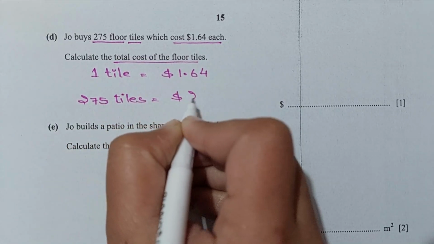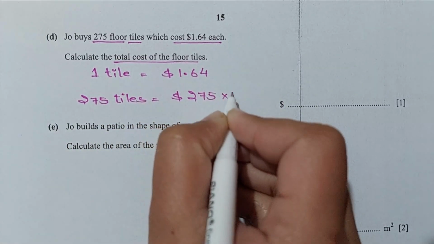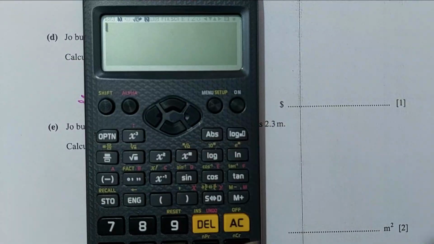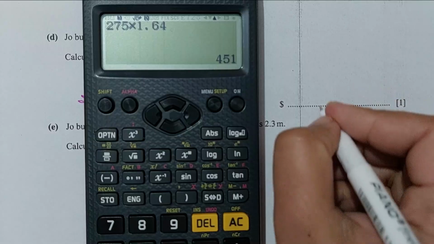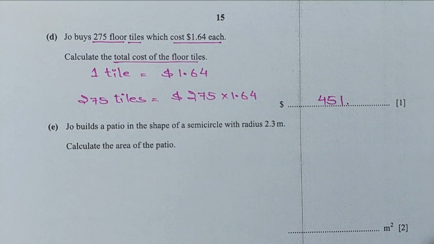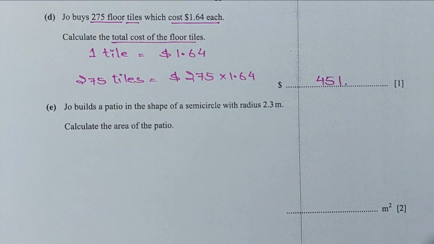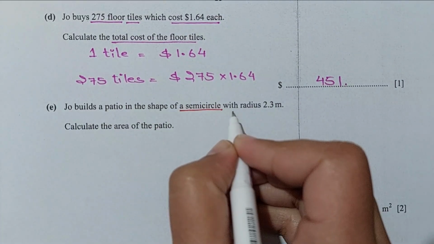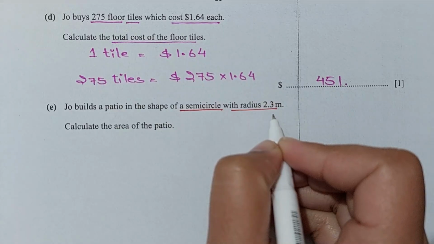Which is 275 multiplied by 1.64, which is $451.